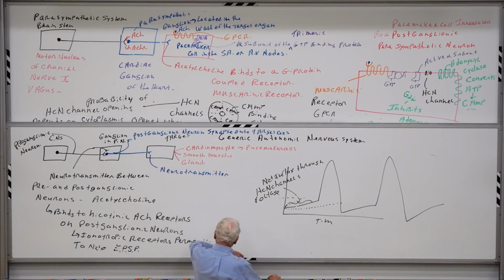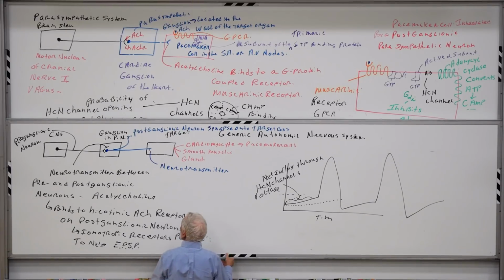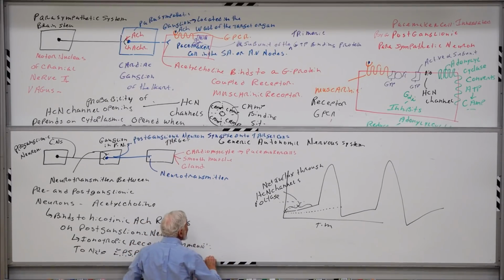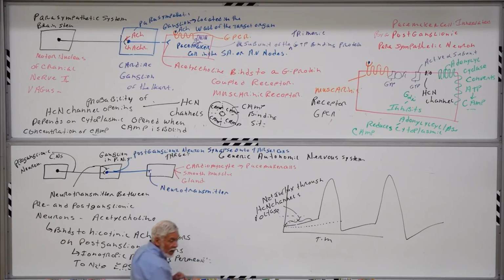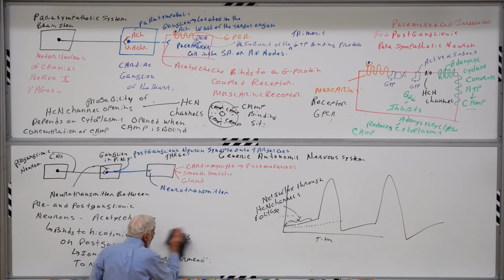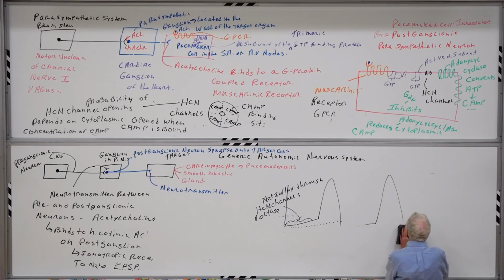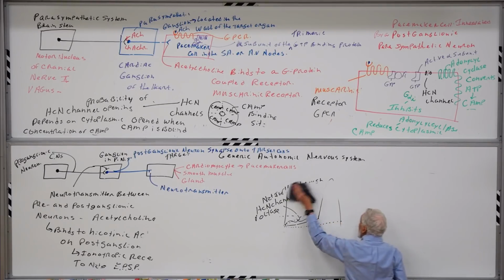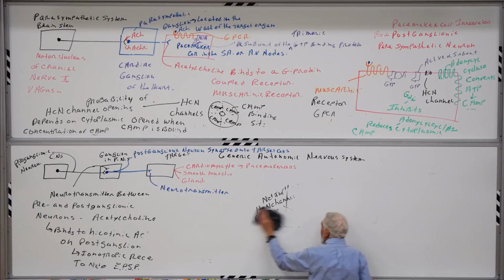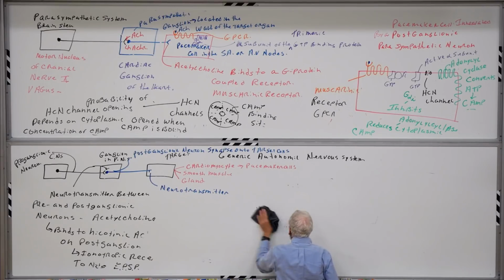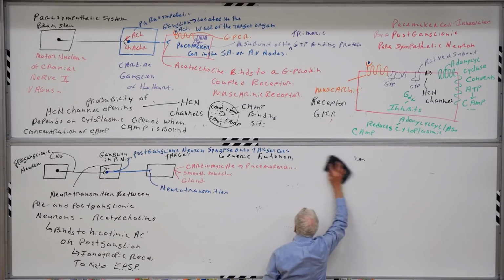If not, let's take the last few minutes and try to bring these boxes into some kind of anatomic reality. We're going to take this panel and describe the anatomy of the sympathetic and the parasympathetic branches.